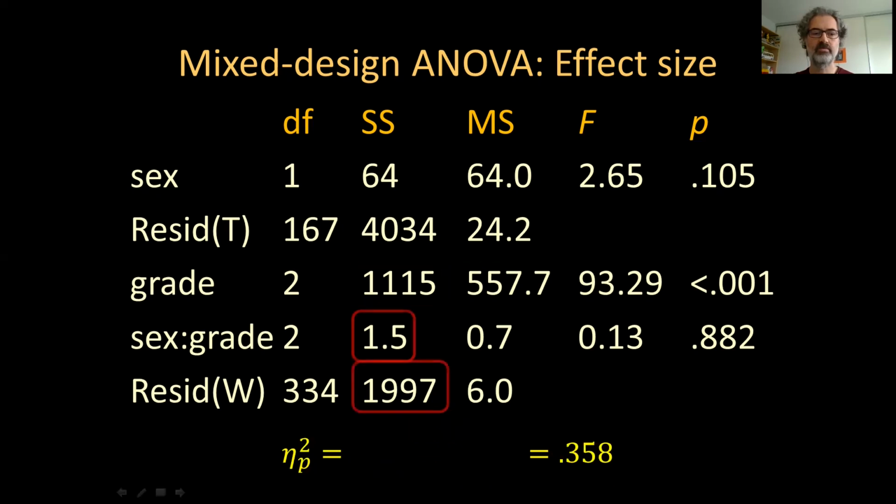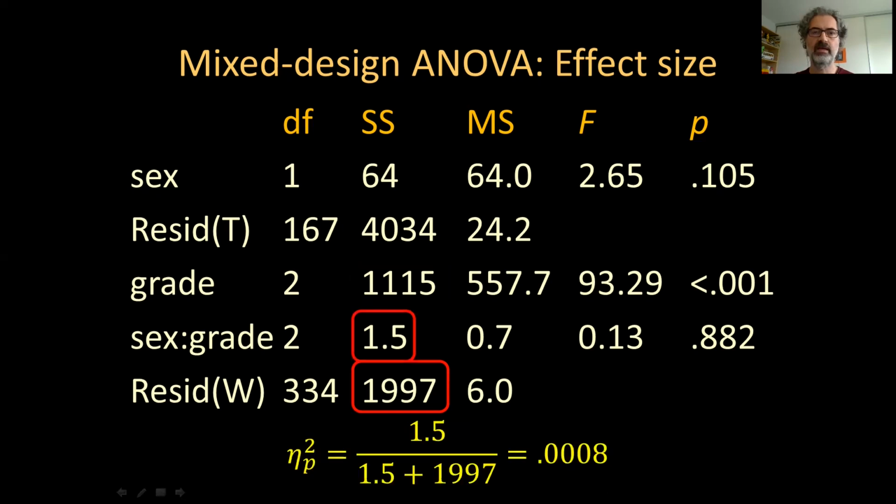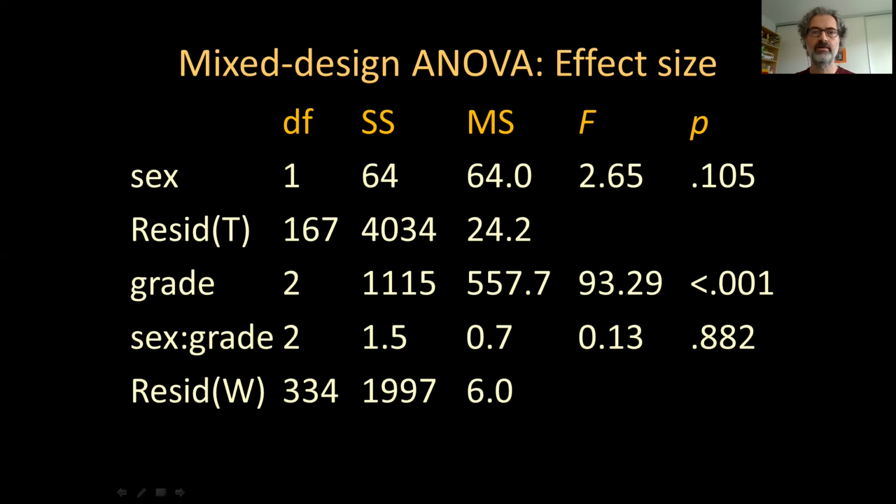And the partial eta square for the interaction is again tiny. So that's how you interpret and report a mixed design ANOVA result.